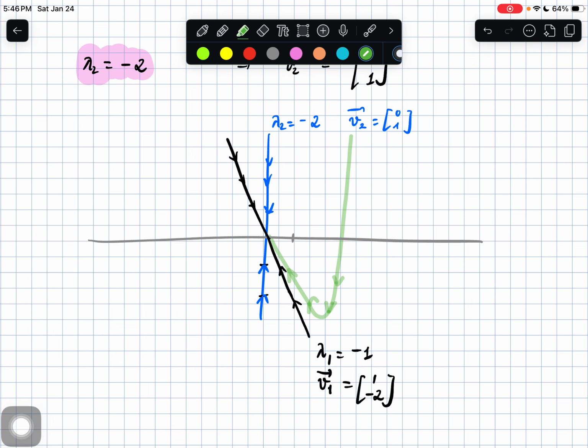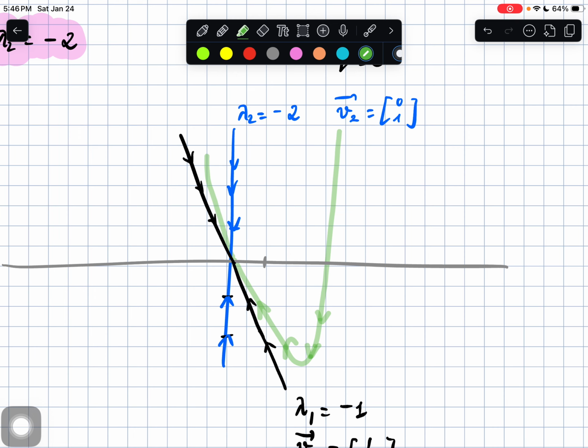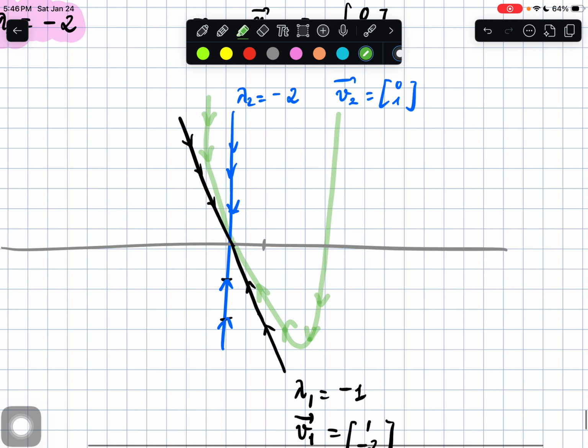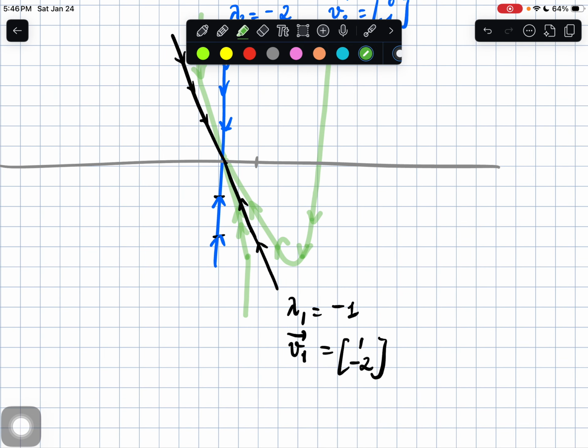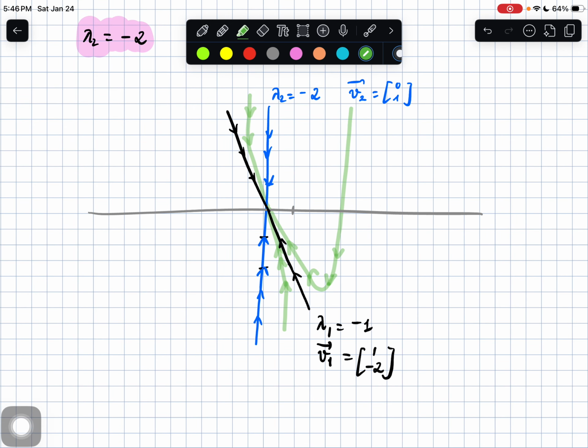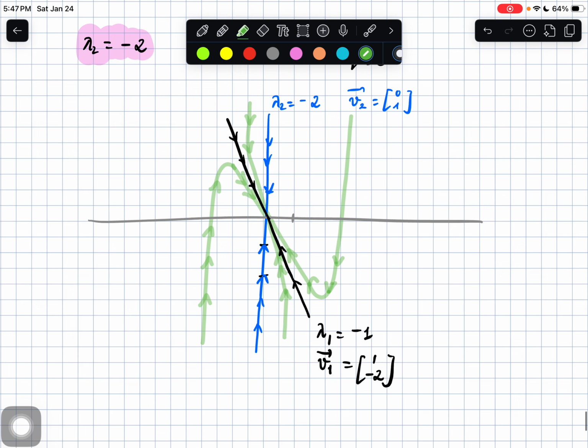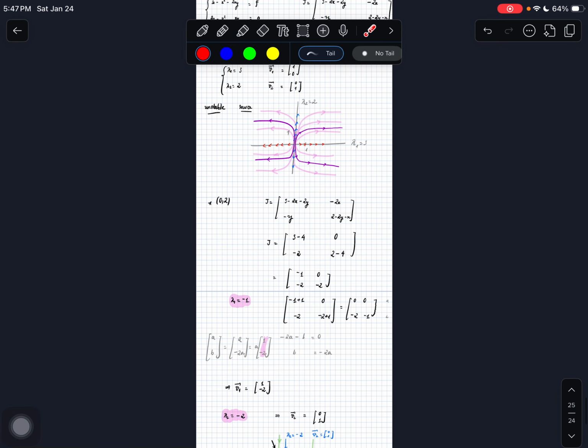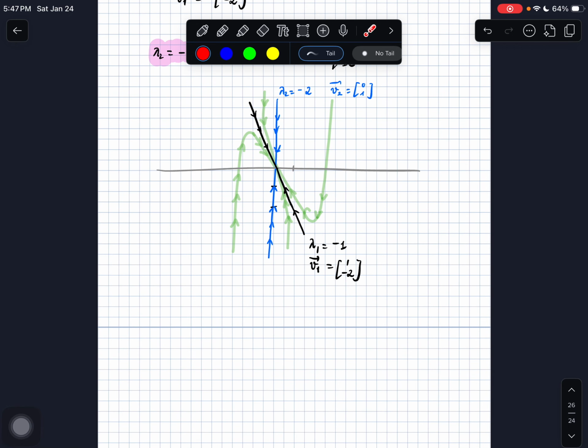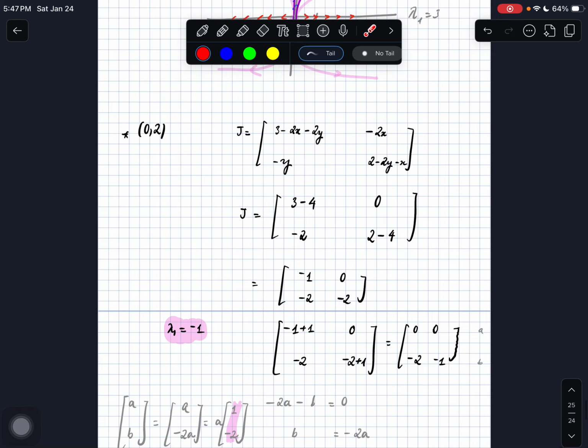And same for the other quadrant. So this is what happens around the critical point 0, 2.